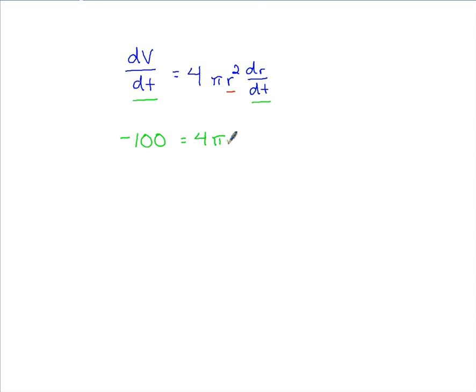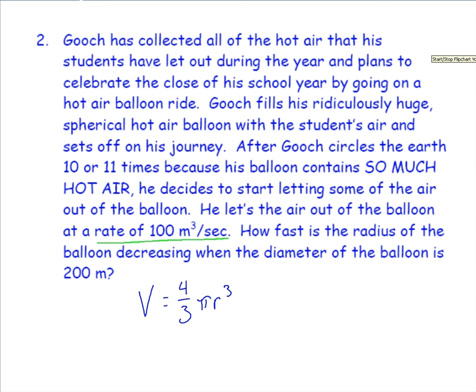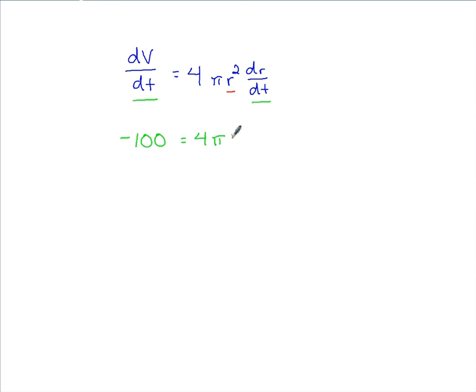Okay, do I know what r is? Do I know my radius? Yeah, I do, because it says the diameter of the balloon is 200 meters. That means the radius is going to be 100. And those are the only values that were given.